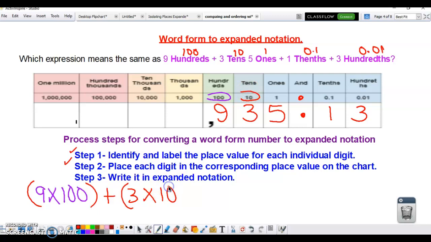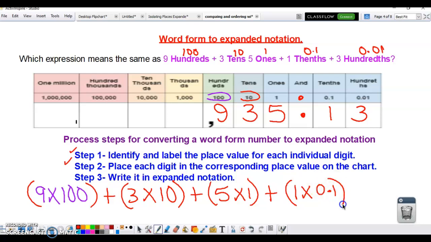So close it. Plus, next is the 5 times, it's in the ones. So times 1. Plus, now we got 1 tenth. So it's 1 times 0.1, close it. And the last one is 3 hundredths. 3 times 0.01.